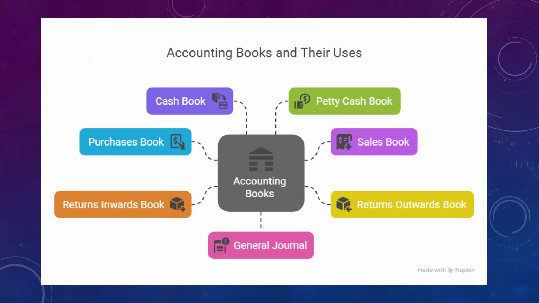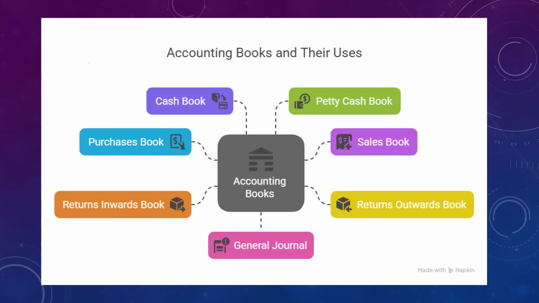We only use those books for goods or inventory. Meaning, if I sell a non-current asset on credit, it does not go in the sales book. If I buy a non-current asset on credit, it does not go in the purchases book. If a non-current asset is returned to us, it does not go in return inwards.